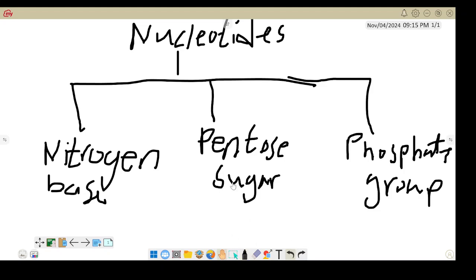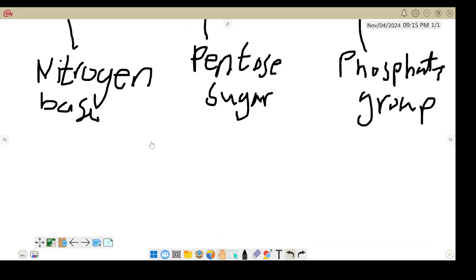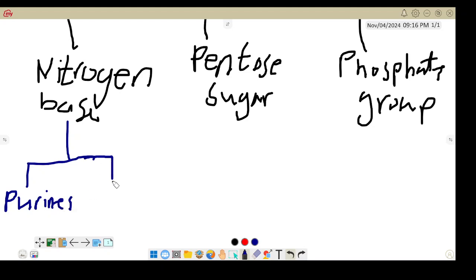So from here now we go deep again. So under the nitrogen base, we have two components. So under the nitrogen base, we have the purines and the pyrimidines.